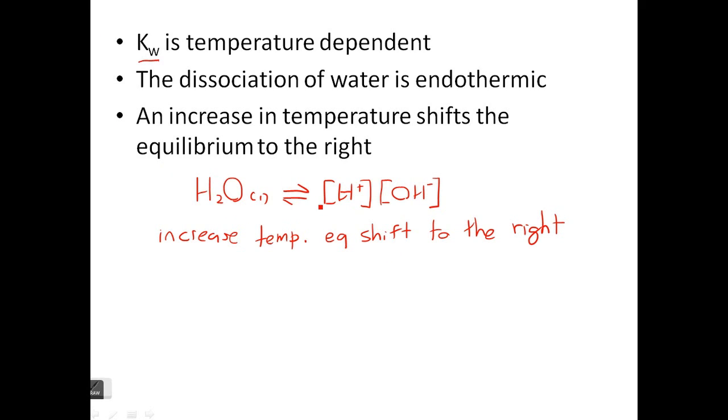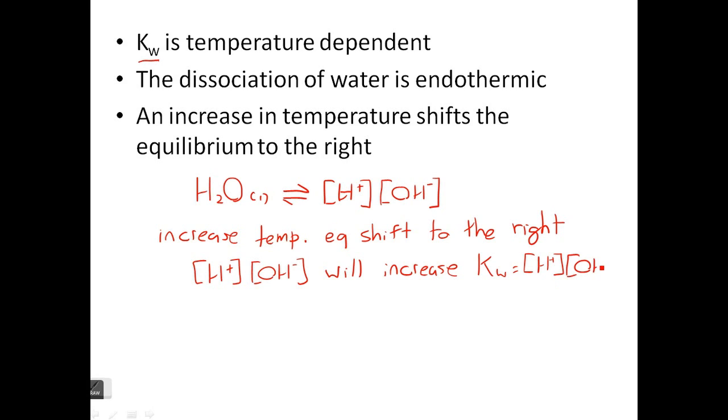So if the equilibrium shifts to the right, then the concentration of H plus and the concentration of OH negative will increase. And you may remember that Kw is equal to this. So if the concentration of these two increase, then the value of Kw will increase too.